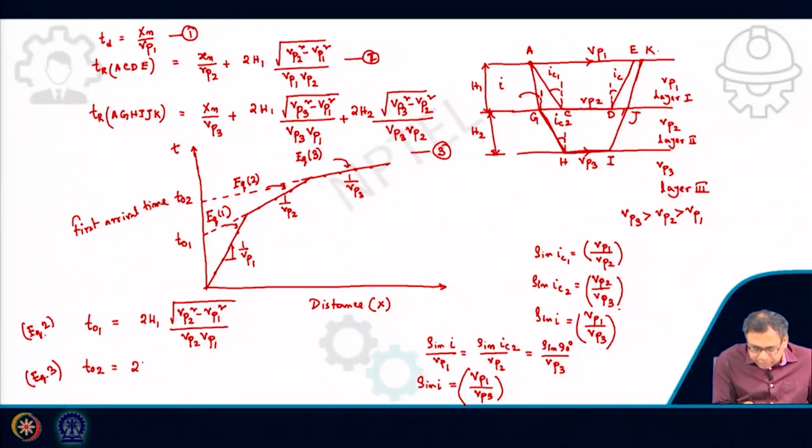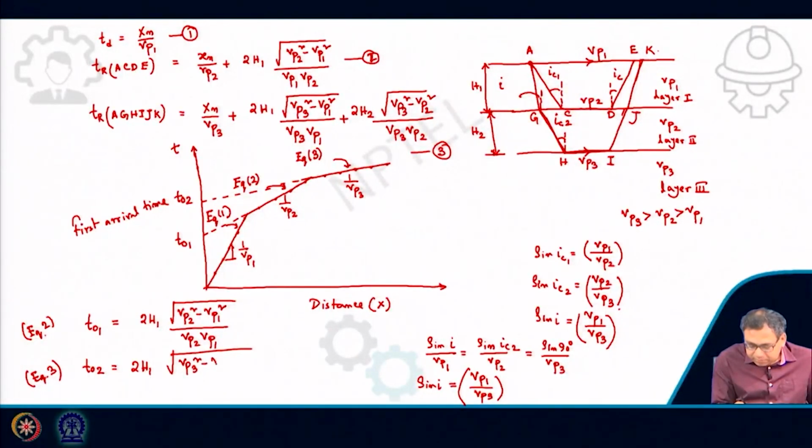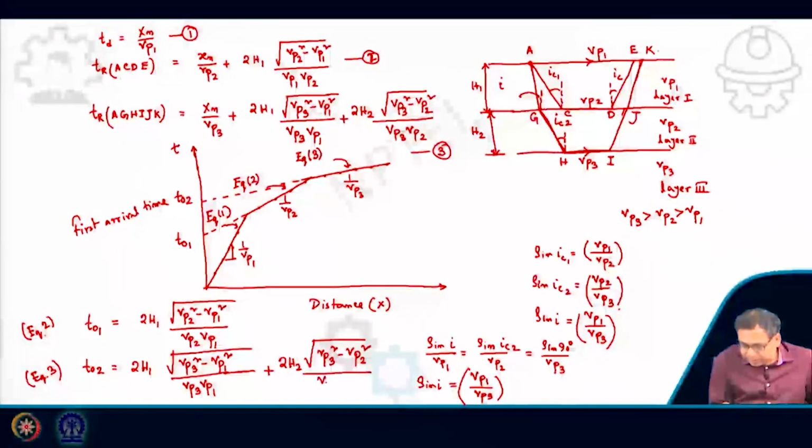So this will be 2h1 root over Vp3 square minus Vp1 square divided by Vp3 Vp1, then plus 2h2 root over Vp3 square minus Vp2 square divided by Vp3 and Vp2.